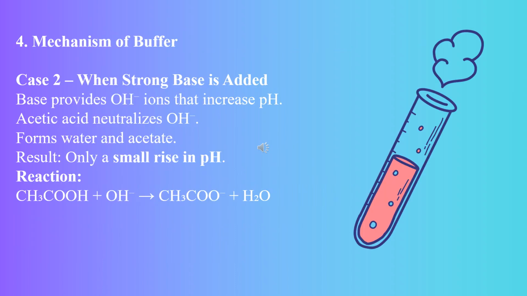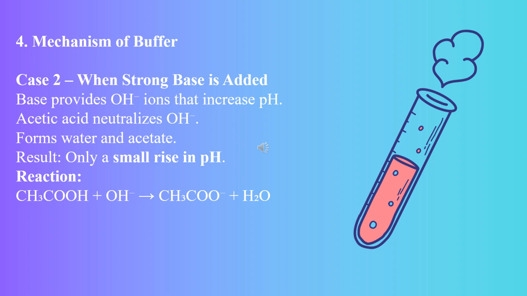The second case of the buffer mechanism is whenever a strong base is added, like hydroxide is added in the solution. The pH would increase very high because hydroxide is a very strong base. At the same time, acetic acid neutralizes these hydroxyl ions and forms the acetate ion and water.